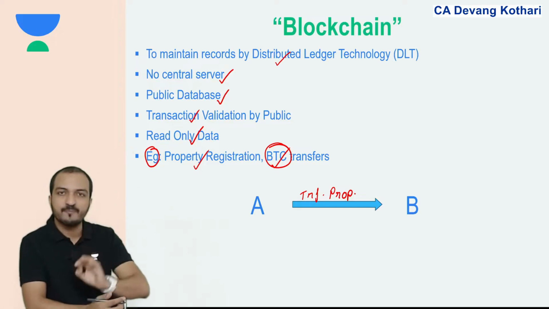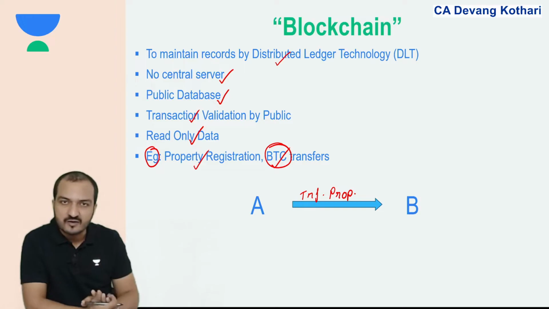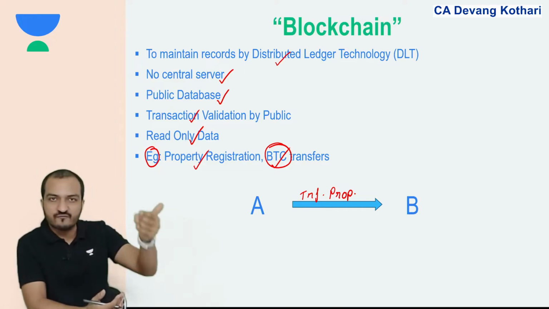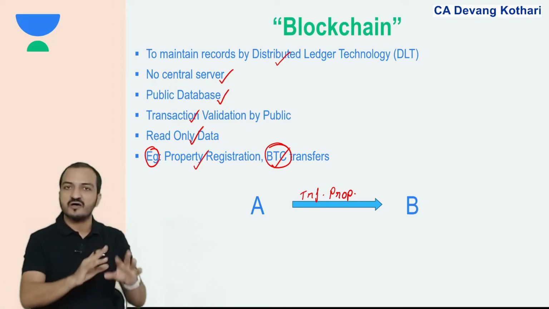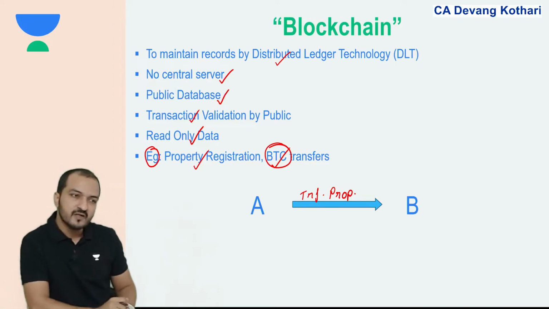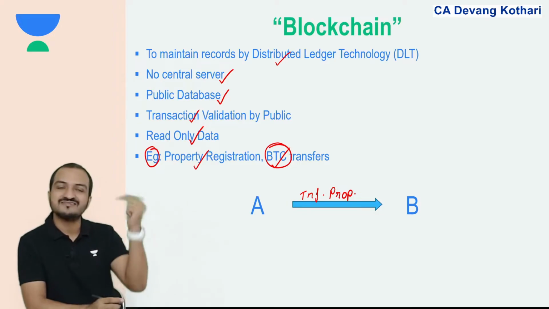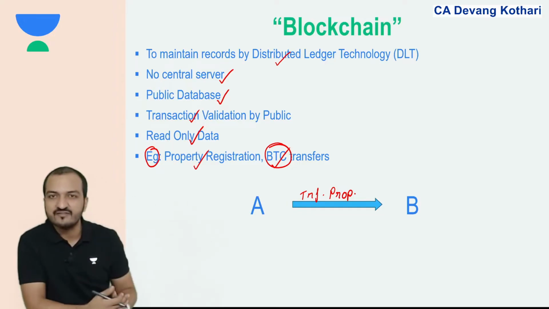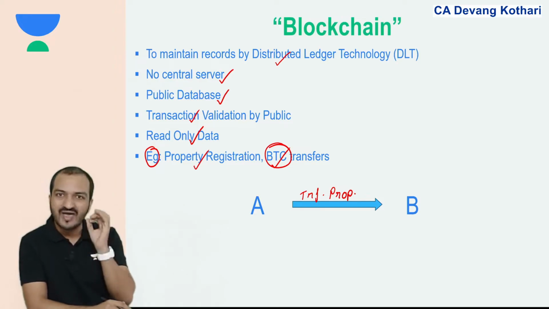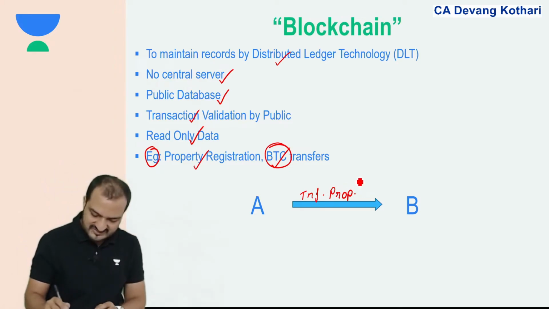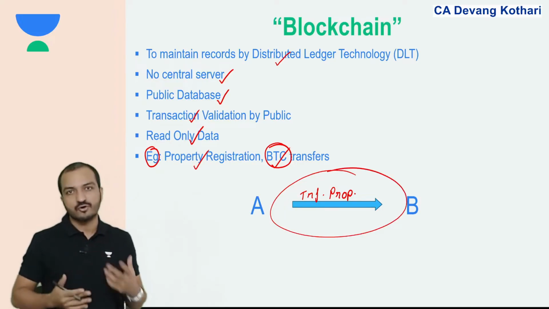That is, it will be recorded at the property registrar's office. You need to go to the sub registrar's office, and there you need to do the property transfer formalities, right? Well, what does the officer at the registrar do? That person at the registrar office has to ensure whether this transaction is done correctly or not.